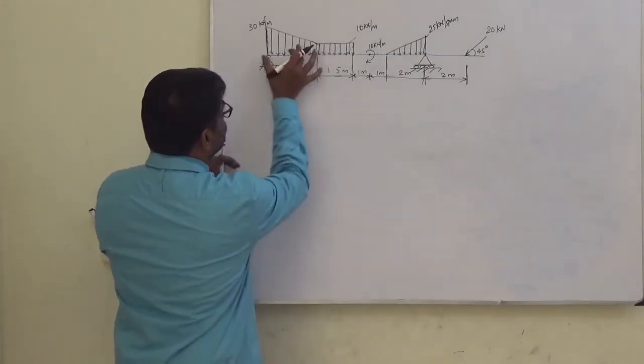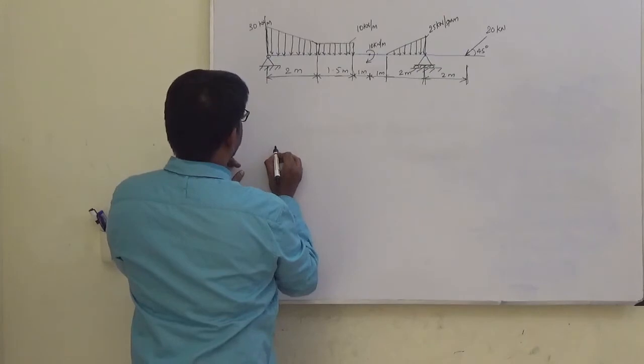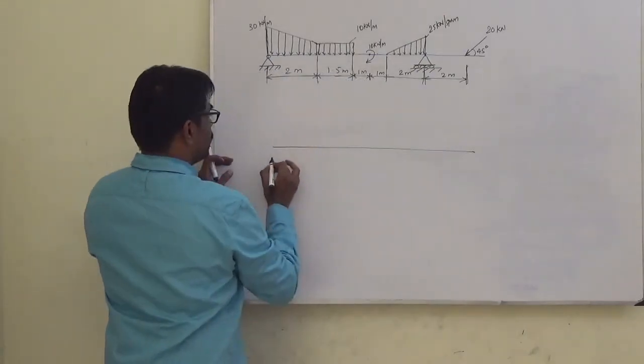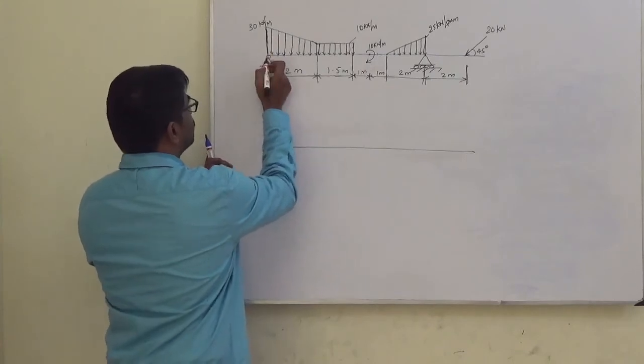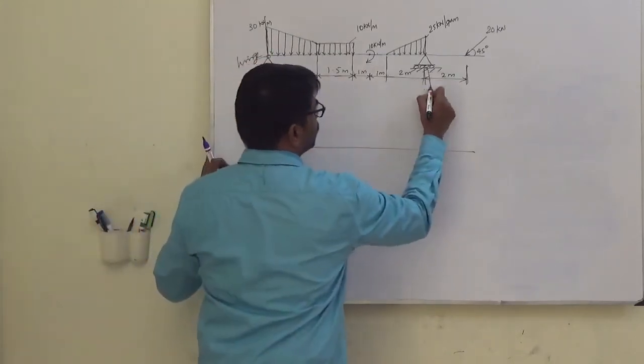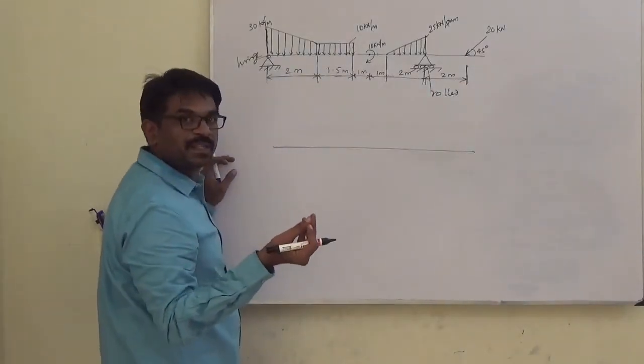I am drawing the beam. This is the beam, and you see this is a hinge, and this is a roller. So this is pretty straightforward.